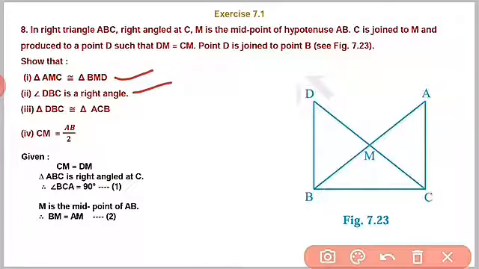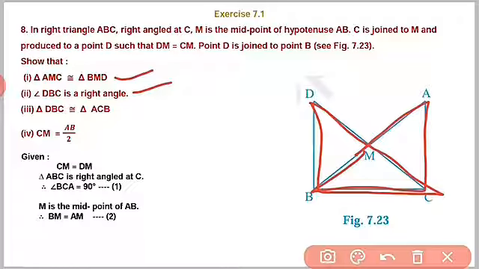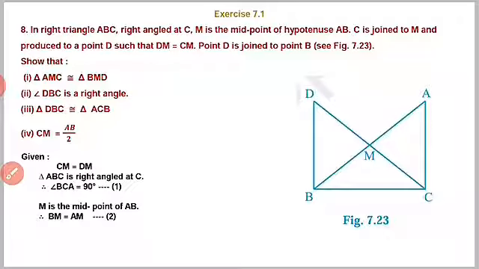Now we have to show triangle DBC and triangle ACB are congruent. So let's start. We just proved triangle AMC and triangle BMD congruent.